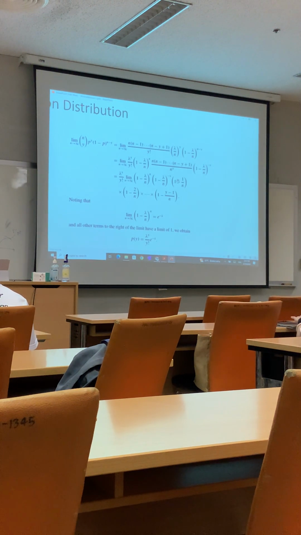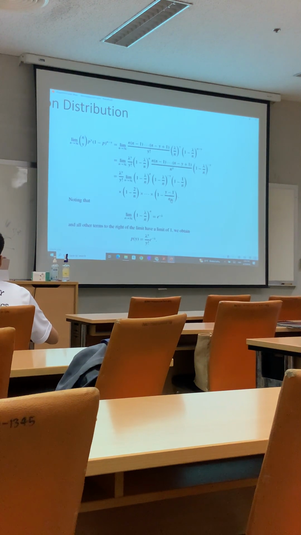This trick works for many terms involving n, where n is in the denominator, because when n goes to infinity and you have n dividing something, it will go to 0. The only terms left will be these two terms, and especially this term. The limit of this term is actually, sorry, not epsilon, the exponent base, the natural base e, to the power of minus lambda.